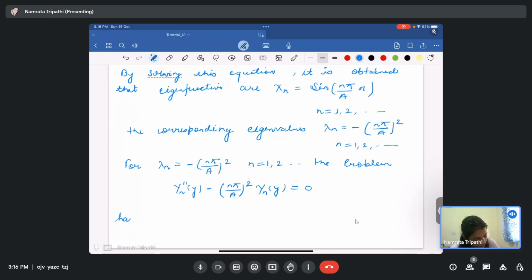What will be the general solution? As general solution, can I write the general solution as? It is simply an ordinary differential equation.